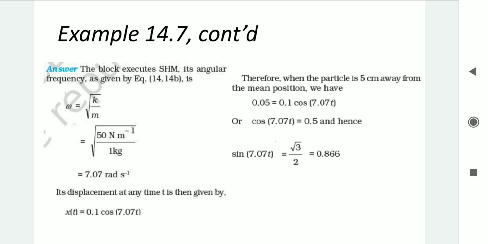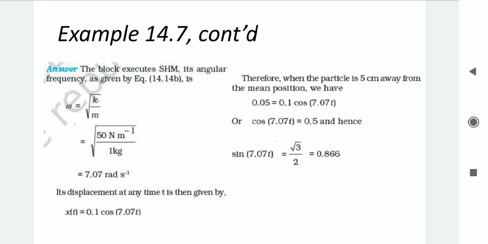A, the displacement amount, is given as 10 centimeter initially. That 10 centimeter is converted into meter, and we can substitute A equal to 0.1 meter into cos of 7.07 times t. Now, when the particle is 5 centimeter away from its mean position, x of t is 0.05 meter.